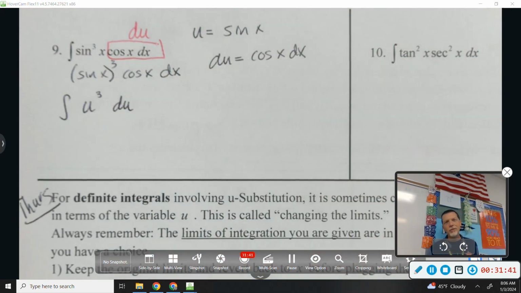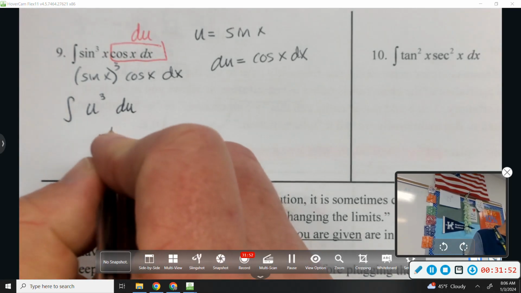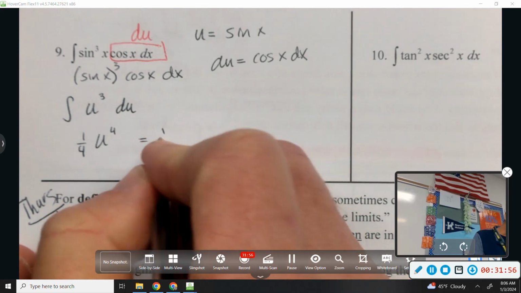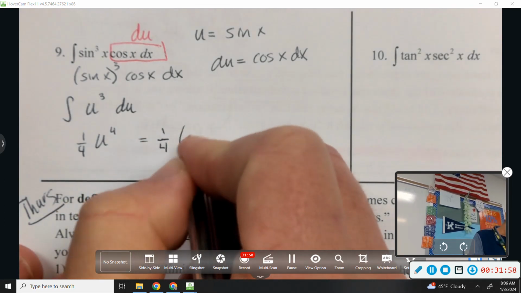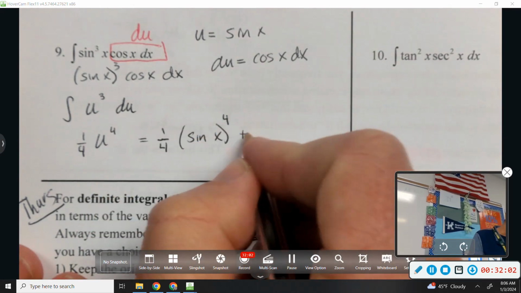The thing looked really terrible at first. We picked the right u, and it's pretty easy now. Increase the power by 1, divide by the new power. Again, don't leave it like that. Put the u back in there. And don't forget the plus c.